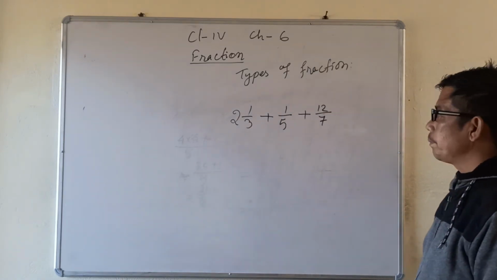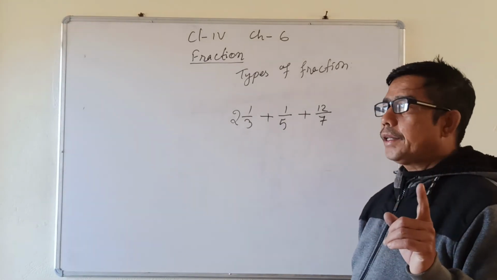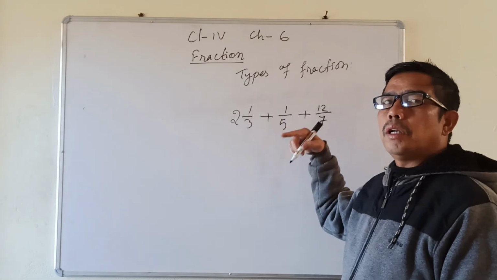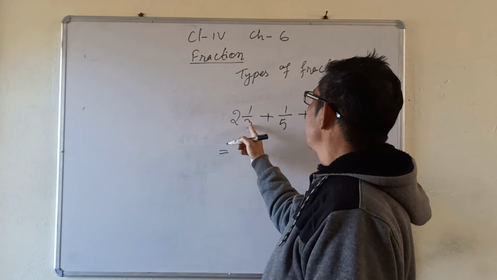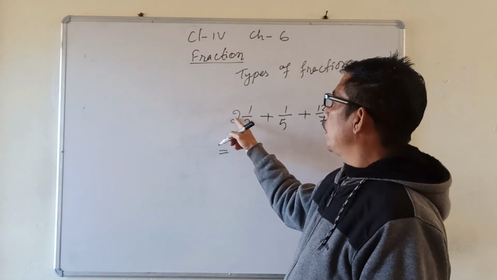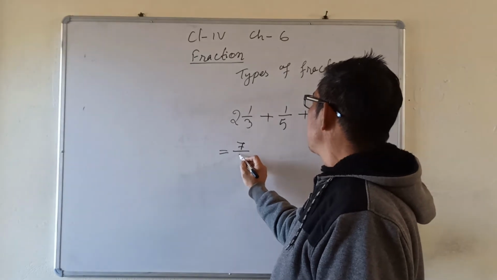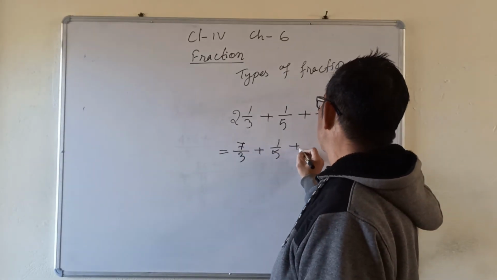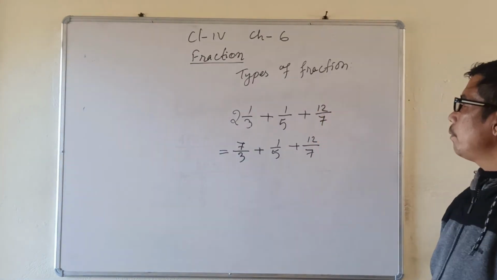If a mixed fraction is present, always your duty is to convert it into an improper fraction. Then you proceed. 3 2s are 6. 6 plus 1, 7. So this mixed fraction becomes 7 by 3.